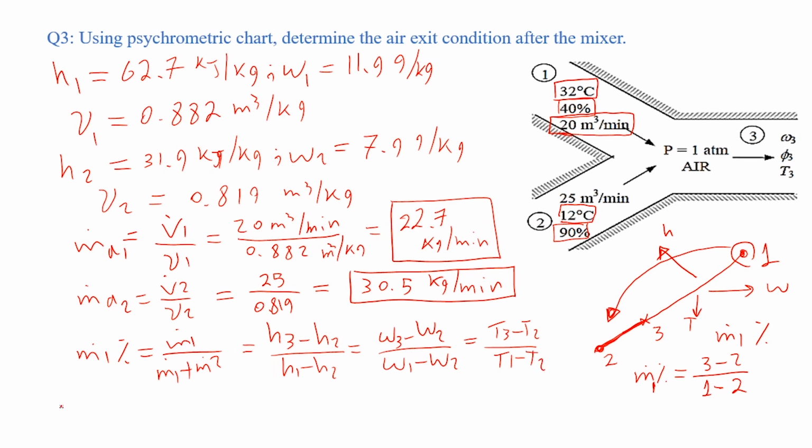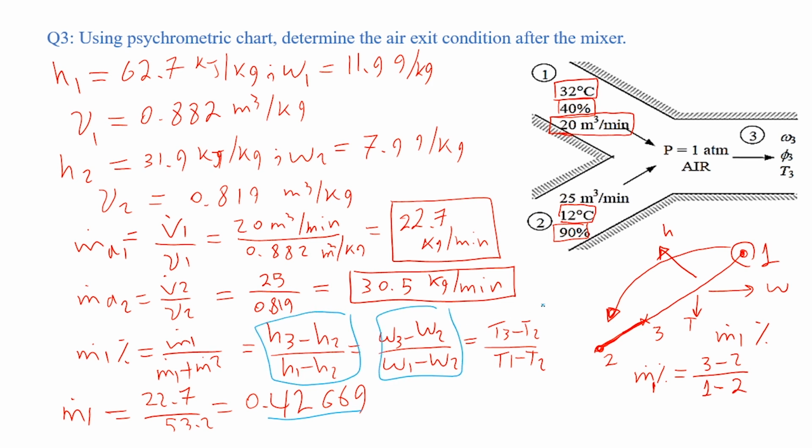So in this case, the mass 1 fraction will be 22.7 divided by the total mass, 53.2, which will give us around 0.4269.